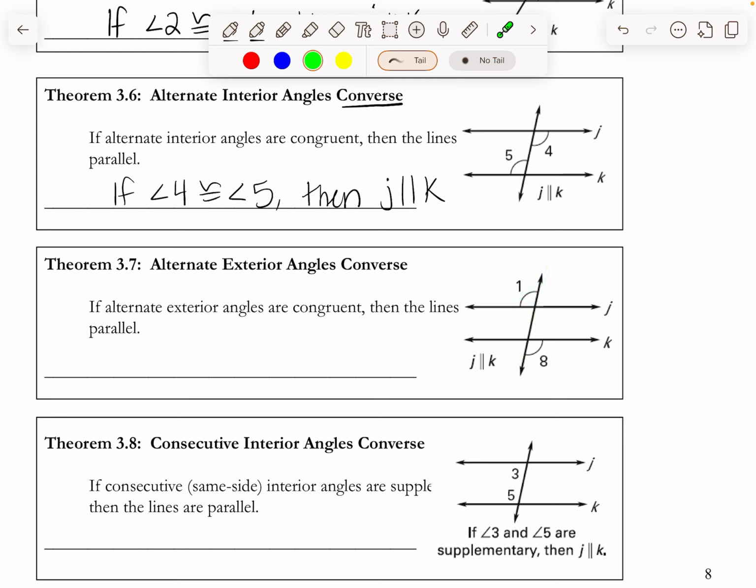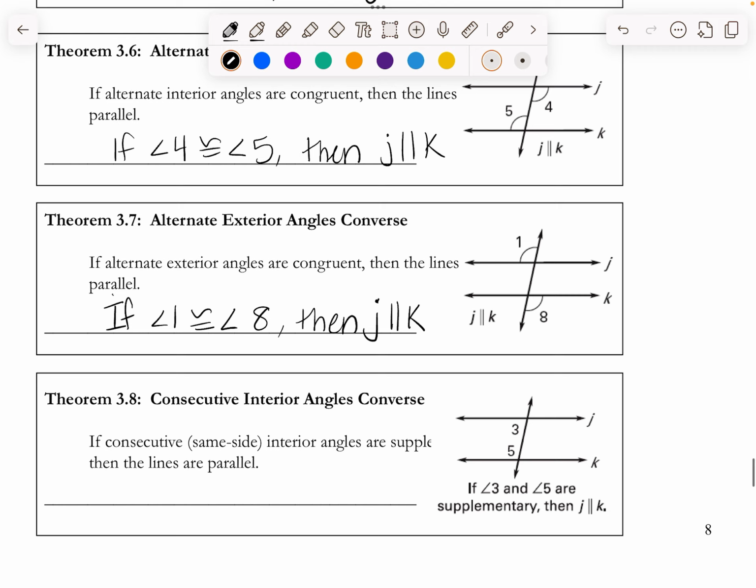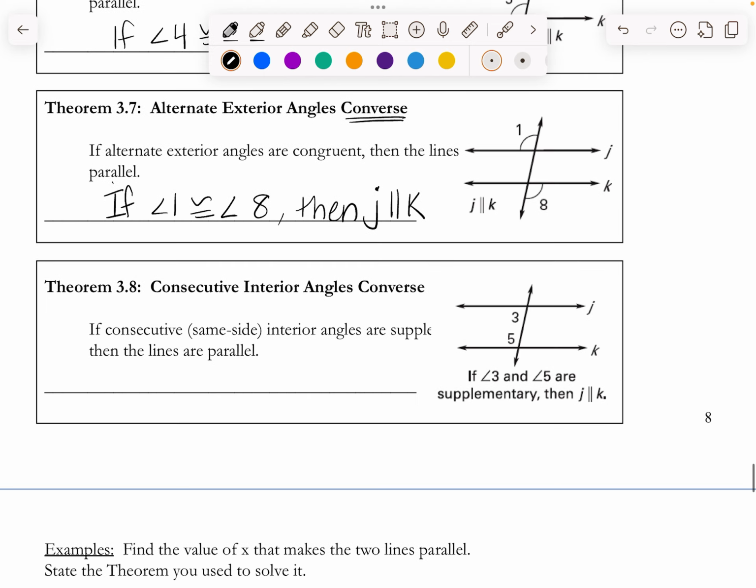If those are congruent, then the lines must be parallel. So if angle 1 is congruent to angle 8, then line J is parallel to line K. And that's AEA converse.